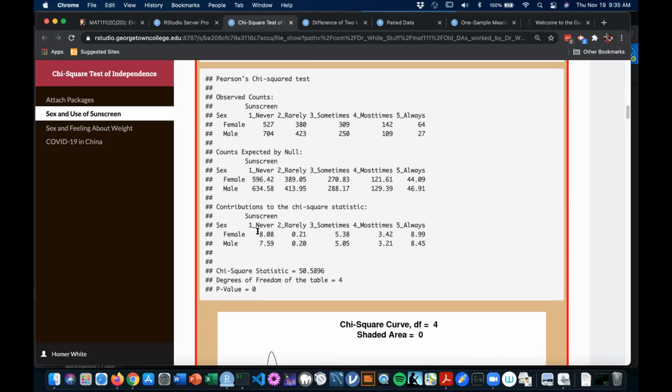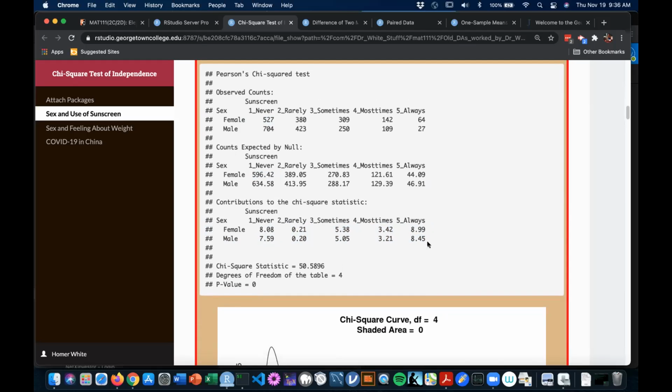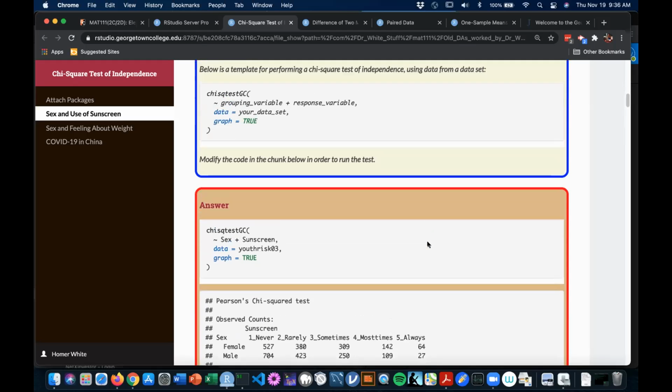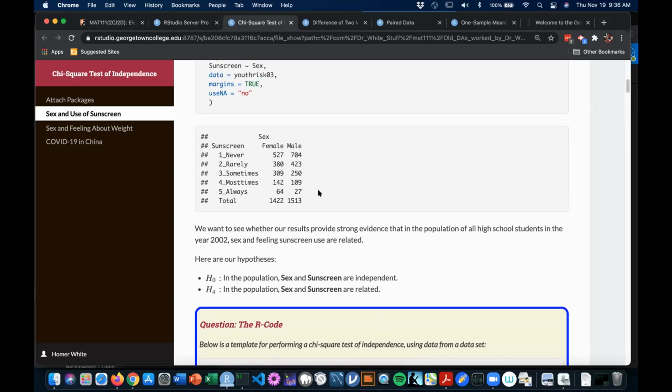And so you can see that the differences were kind of most striking here and here and here and here, which kind of backs up what we saw when we originally looked at this table. We were kind of looking for some striking differences, and we found them there.